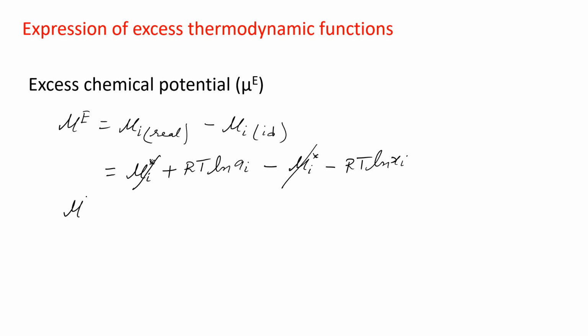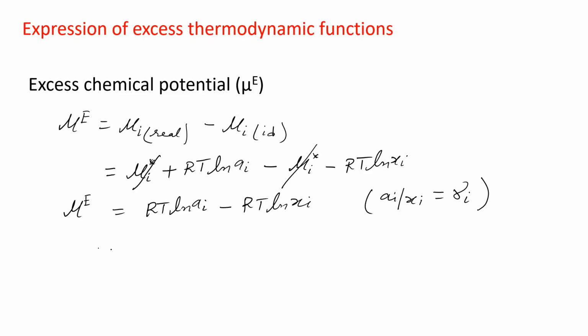So this mu E, the excess chemical potential, is equal to RT ln activity of i minus RT ln mole fraction of i, and we know that activity divided by mole fraction is equal to the activity coefficient gamma i, which denotes the deviation from ideal behavior.